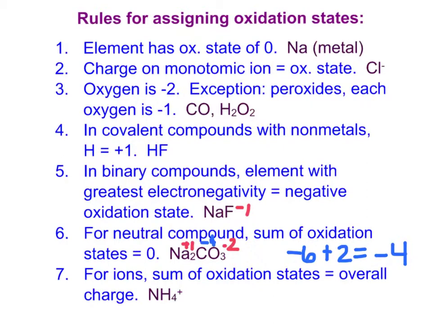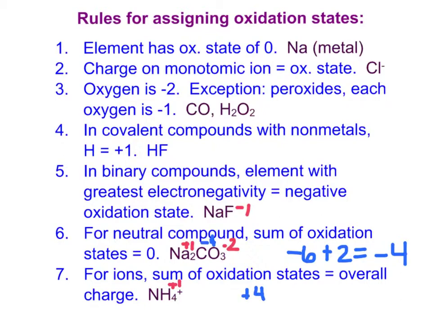And the very last rule for ions, the sum of the oxidation states needs to equal the overall charge. So it's kind of similar to this. The ammonium ion, NH4, let's go back and look at our rules. Hydrogen is going to be a +1 charge. So let's write +1 for the hydrogen. And there are 4 of them, so that's +4.